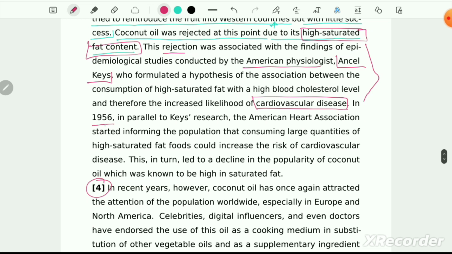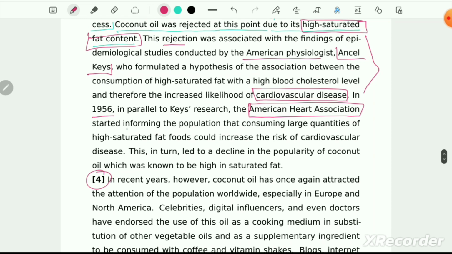In 1956, in parallel to Keys' research, the American Heart Association, this is the keyword we marked in the questions, started informing the population that consuming large quantities of high saturated fat foods could increase the risk of cardiovascular disease. So remember, the American Heart Association didn't ban the coconut oil.